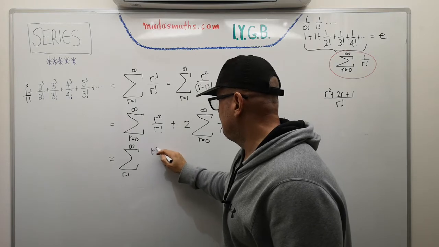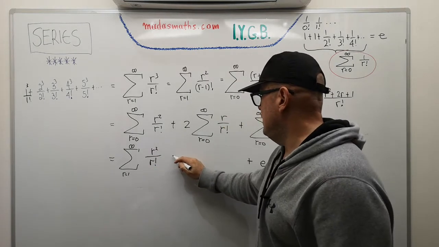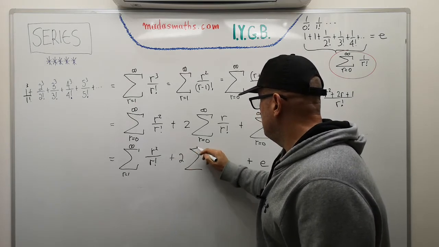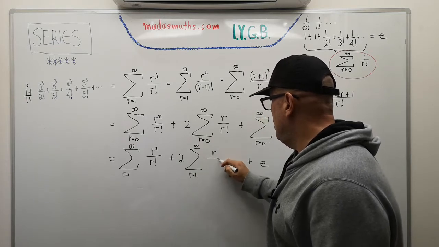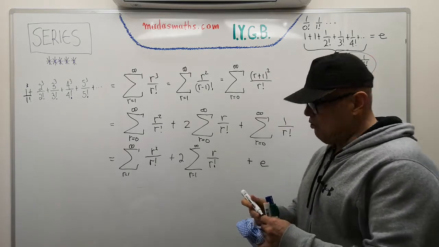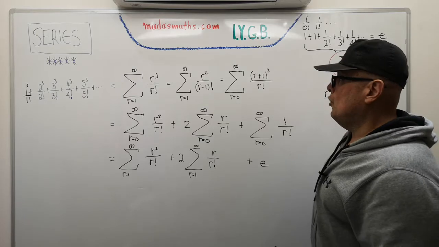So I'm going to say I'm not doing anything. All I've done is I'm changing the start of the summations for those two. Infinity from r is equal to 1 and r over r factorial. And this is now, I need to take a deep breath and see, okay, have I made progress? What is going on?